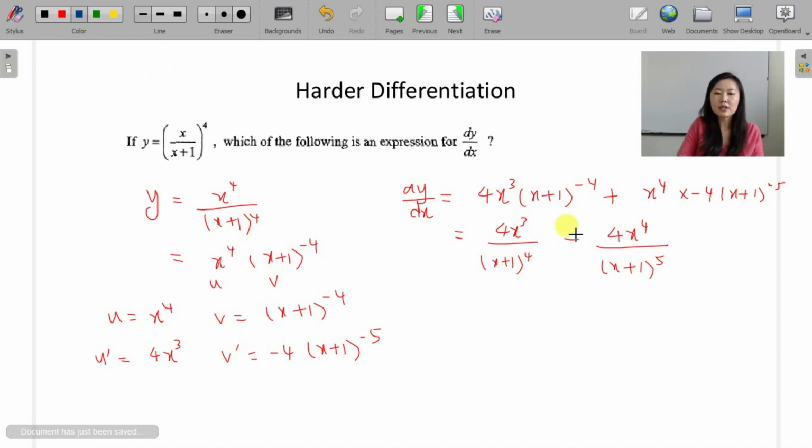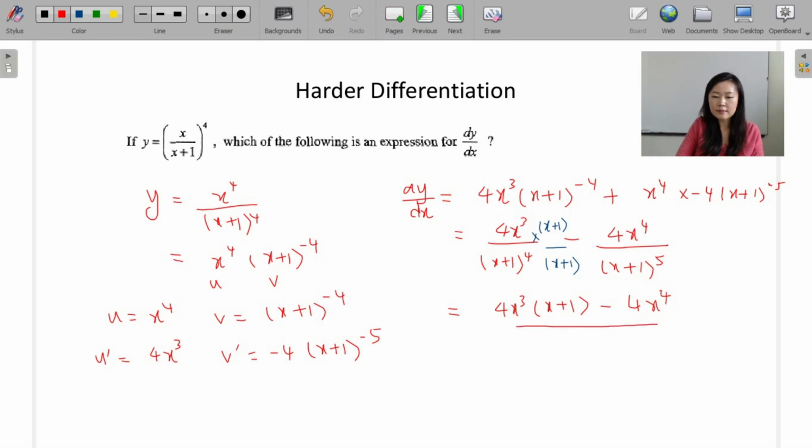And then from here, I'm going to make it one fraction. So for those of you who went down the quotient rule path, you can compare this. All right, so first I'm going to times x plus 1 to the first one to make it one fraction. Expand.